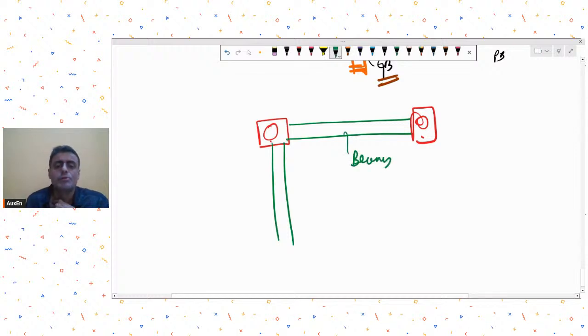These beams will help you take the moment, if any, in this column and safely transfer that moment through axial action rather than moment. So then these beams are needed.